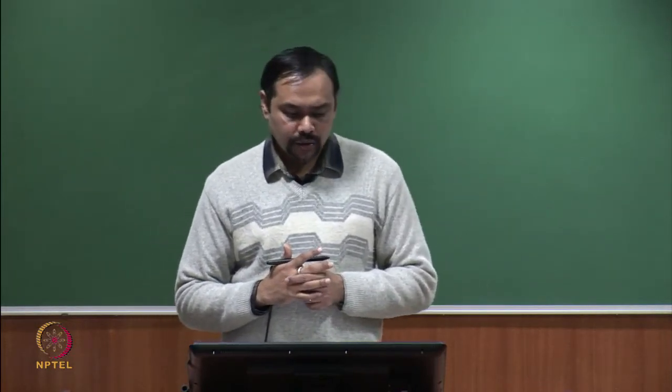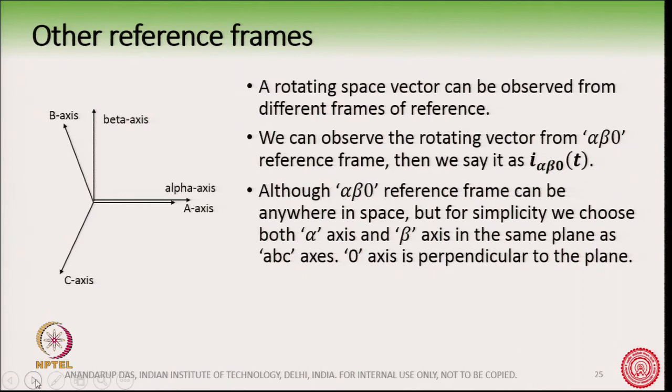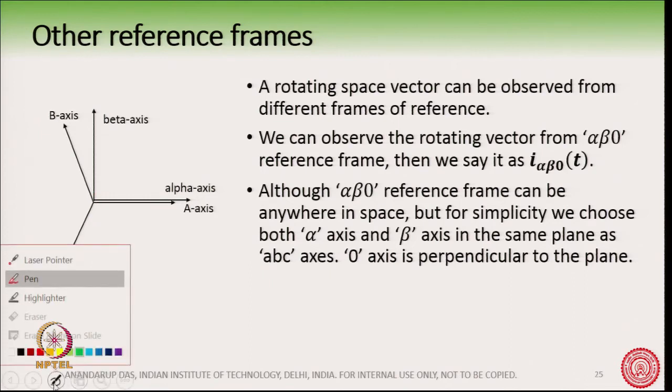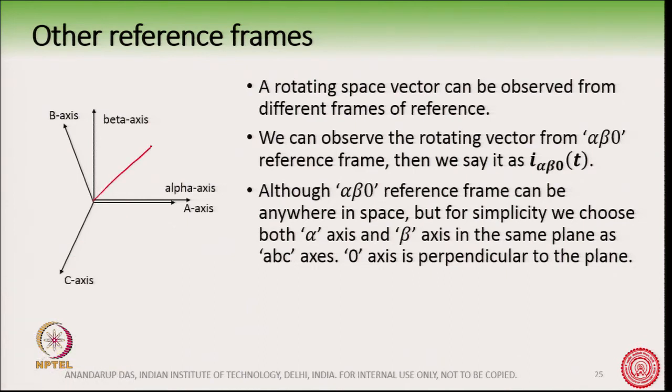Okay. So, now we go to the second part of the lecture, and this is the Park's transformation. What is the Park's transformation? Now, we have seen that we have this space vector here, which we are observing. We can observe from the ABC axis frame, or we can observe from the alpha beta 0 frame.